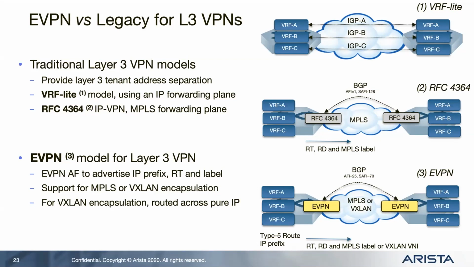Then there's RFC 4364, which is the IPVPN for MPLS, that provides a single BGP session to carry all the different VRF VPN information across the MPLS network. Then we go on to the EVPN implementation of that layer 3 VPN service.